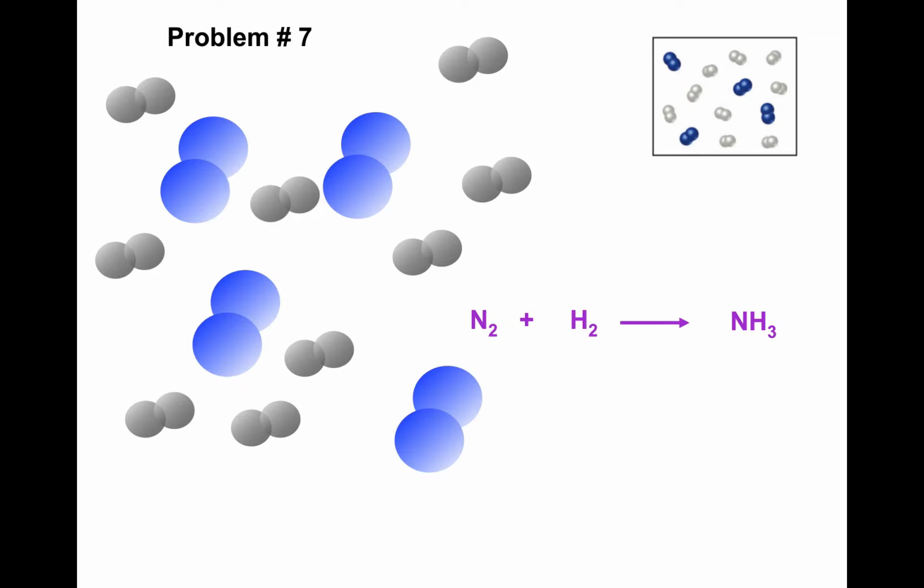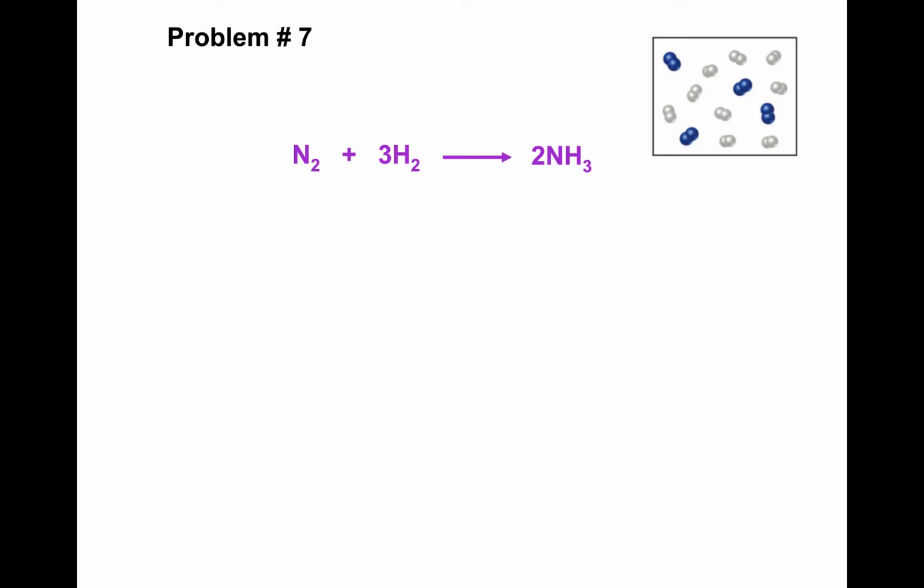When I balance this, I would need 2 in front of the ammonia, so I'd have 2 nitrogens going in, 2 nitrogens represented by the 2 ammonia coming out. And that gives me 6 hydrogens coming out, so therefore I'd have to put a coefficient 3 in front of the hydrogen. So what this means, stoichiometrically, is I would need 3 times the amount of hydrogen per nitrogen in order to make 2 moles of ammonia.